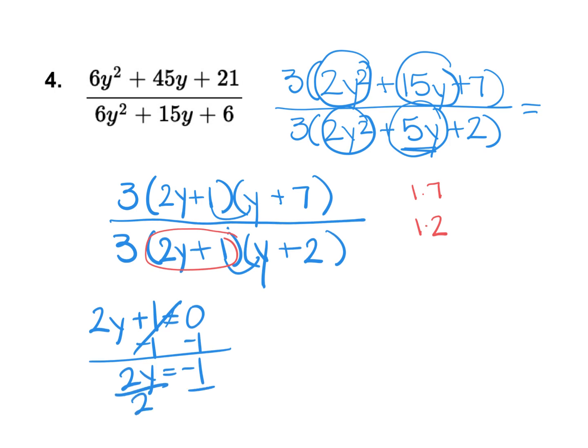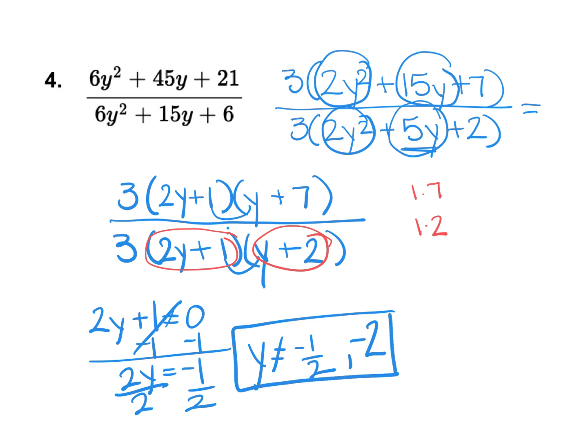Divide by 2. So y cannot be equal to -1/2. And then the other one's easier. -2 plus 2 gives us 0. So we have negative 2 right here. So those are excluded values.